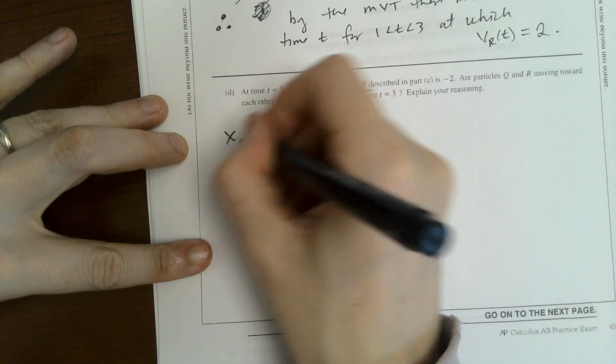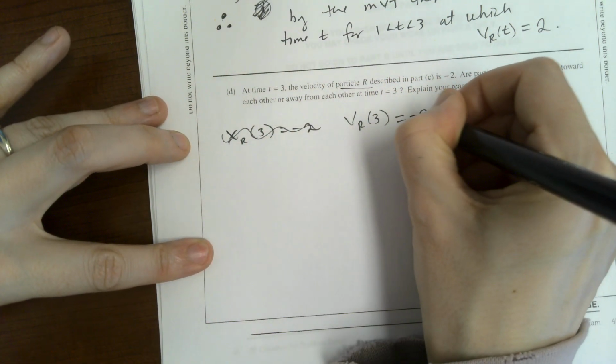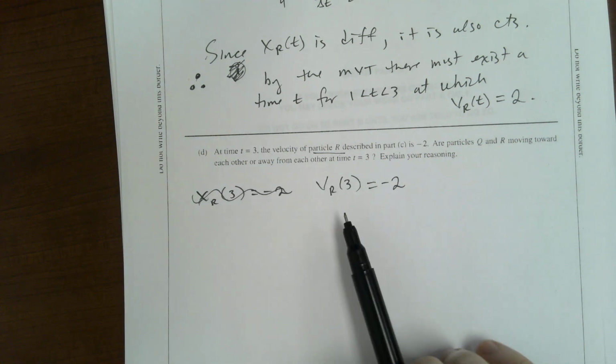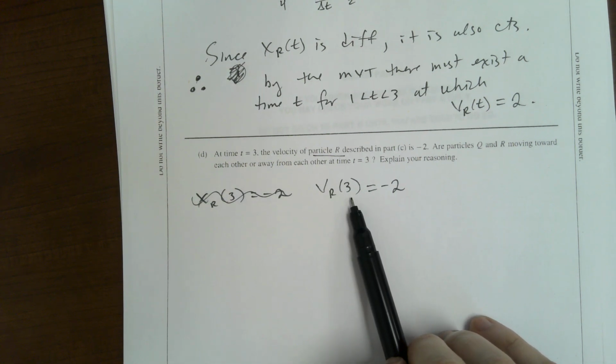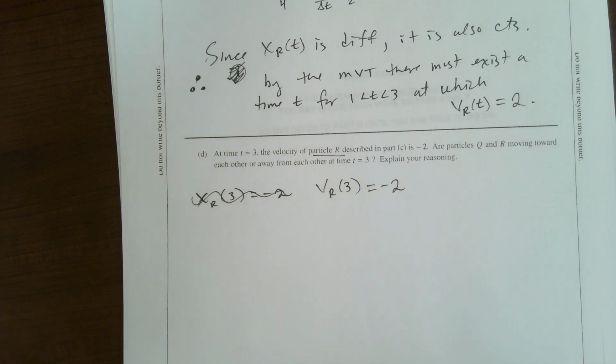No, v. Sorry, guys. V sub r of 3 is equal to -2. Okay, so I know that at t equals 3, particle R is moving left because that's negative.